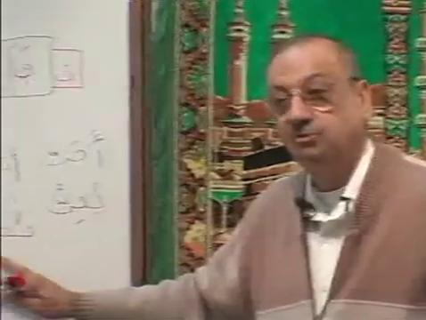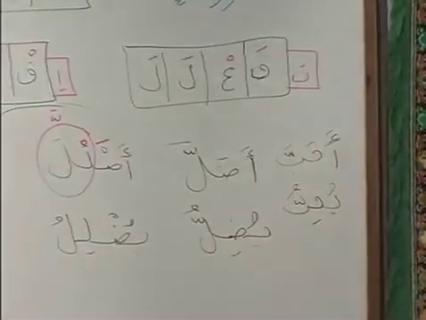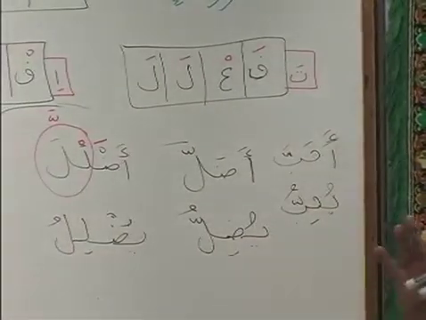Okay, brothers and sisters? So here comes وَمَن يُضْلِلْ. So what happened, brothers and sisters? Yudillu, are you with me? Make it mansub. Yudilla. Make it majzum. Yudilla again, remember?